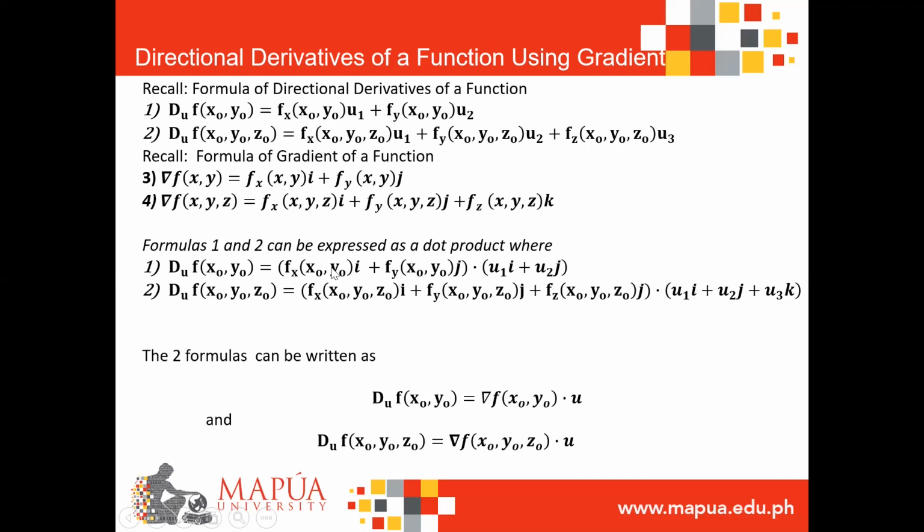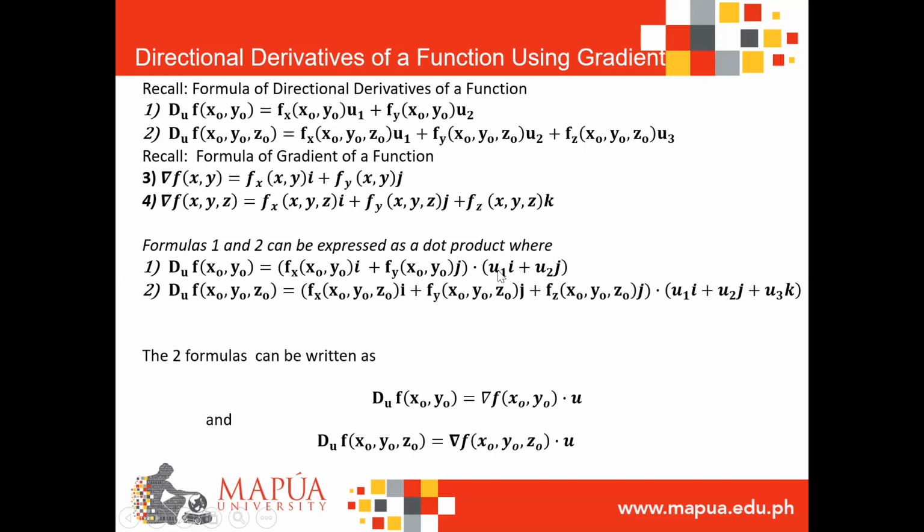So with that, these two formulas can now be expressed using the gradient. Because we have here the components of your formula, this is expressed as del f, that is equation 3, then that product with this unit vector u.